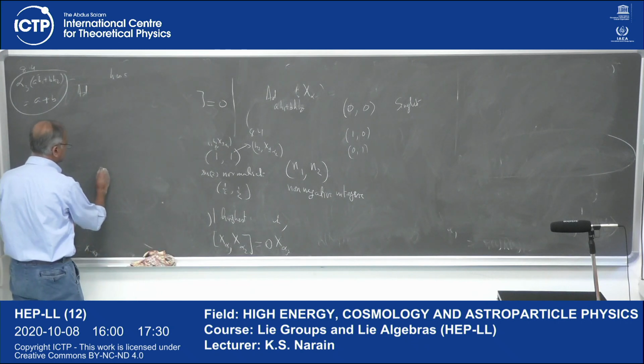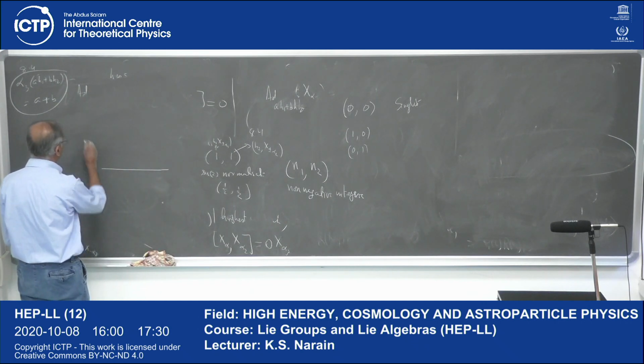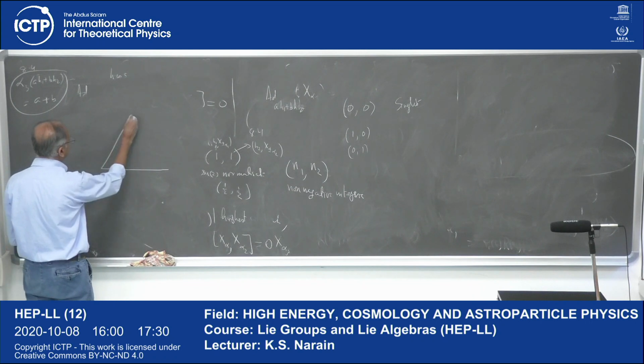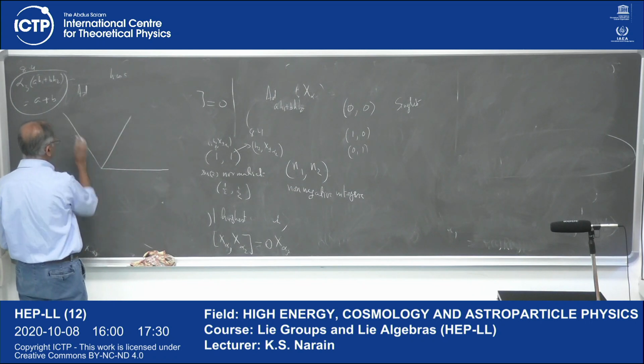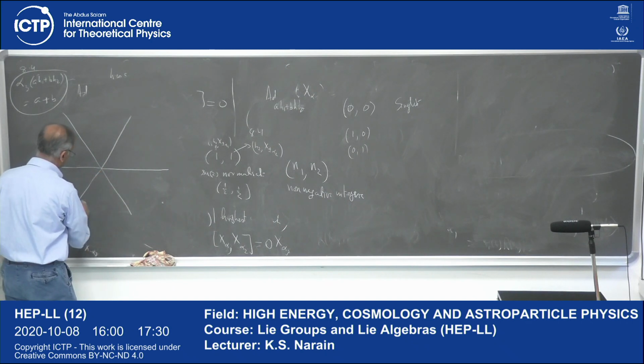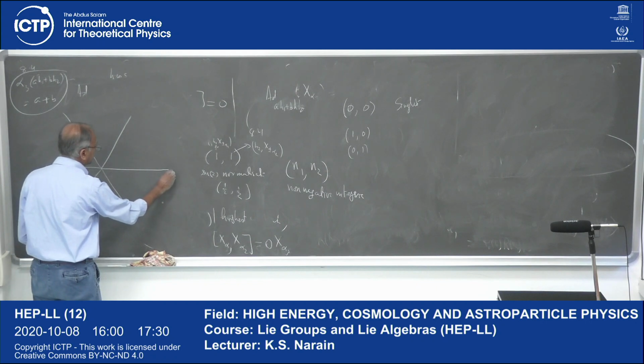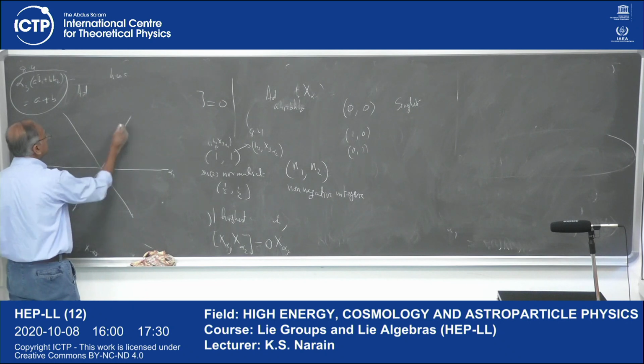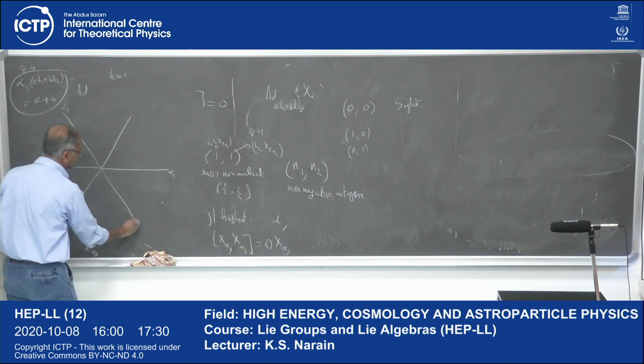So the picture was 60 degrees. So this was alpha 1, minus alpha 1, alpha 2, minus alpha 2.